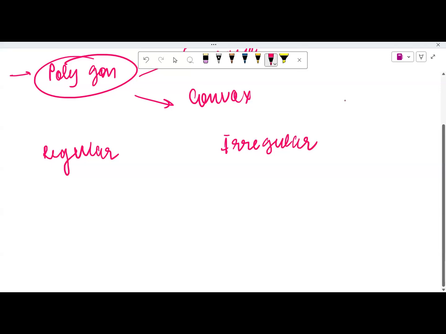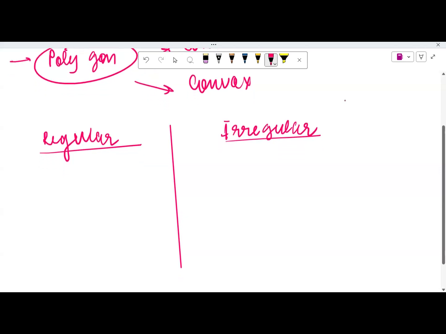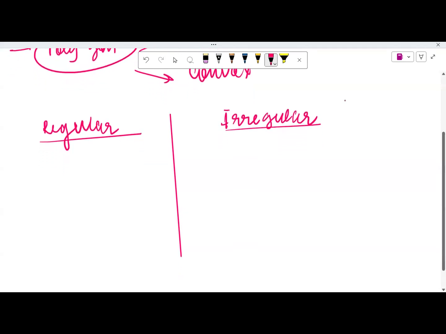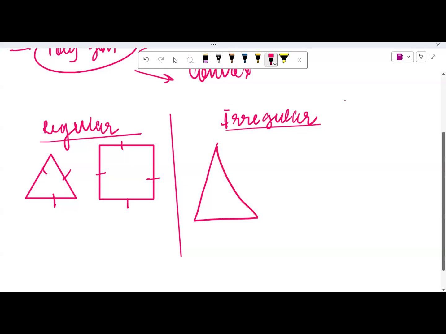What was a regular polygon and what was an irregular polygon? A regular polygon is a closed figure where all the sides are equal. For example, an equilateral triangle. If all sides are equal, it is a regular polygon. A square is also a regular polygon. Now, an isosceles triangle is an irregular polygon: this side is equal to this side, but this side is different.